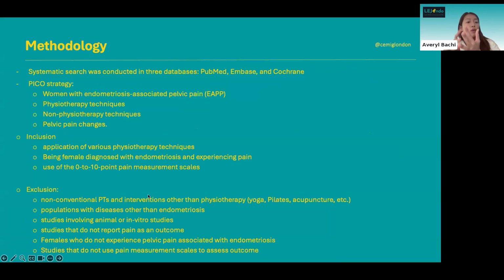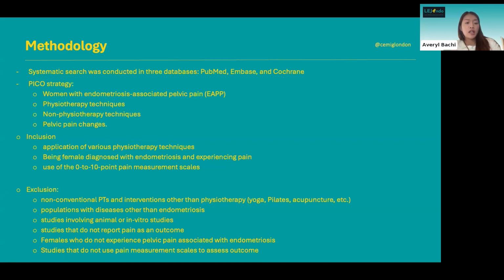So, population, women with endometriosis-associated pain, intervention, physiotherapy techniques, comparison, non-physio techniques, outcome pelvic pain changes. So inclusion criteria, application of various physio techniques, being a female diagnosed with endometriosis and experiencing pain, and the use of a 0 to 10 point pain measurement scale or something equivalent to that.